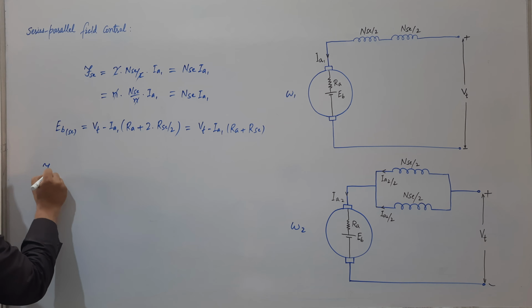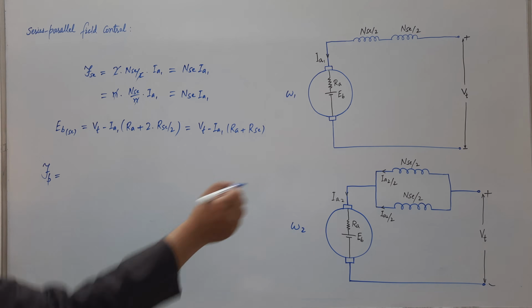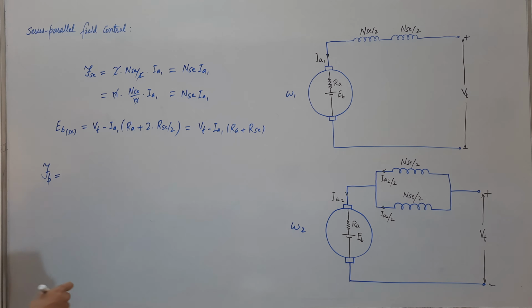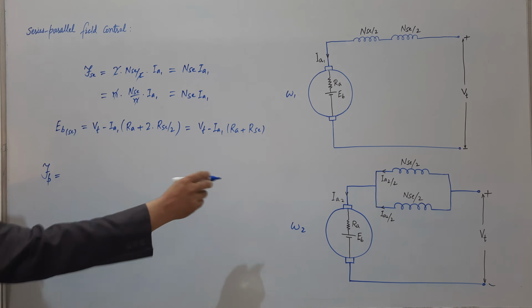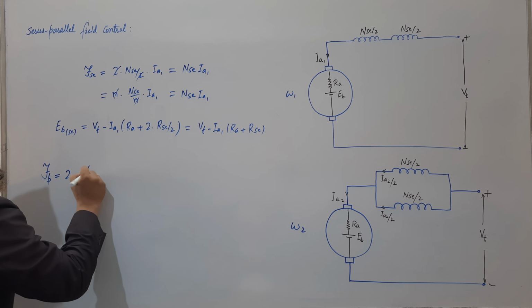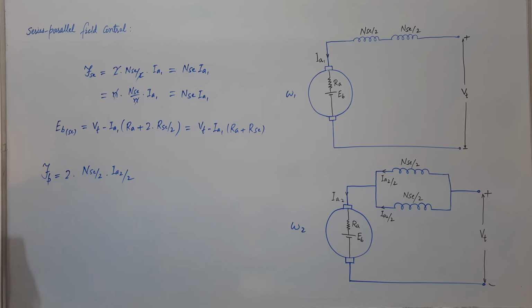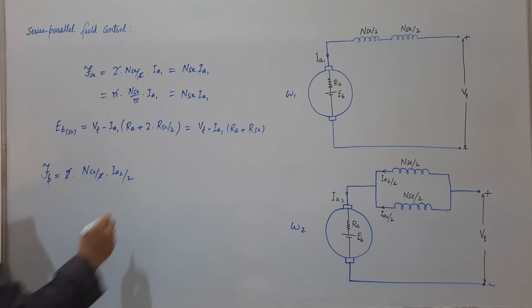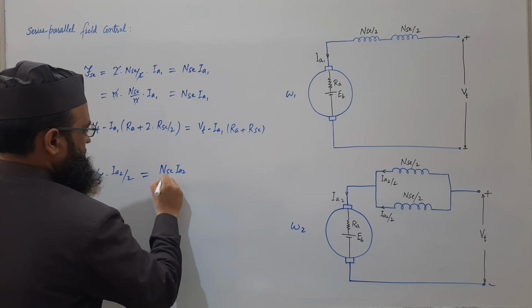The corresponding MMF, let us represent it as FP, will be equal to twice of NSE by 2 into IA2 by 2. The 2 will get cancelled, so this will be NSE IA2 by 2.